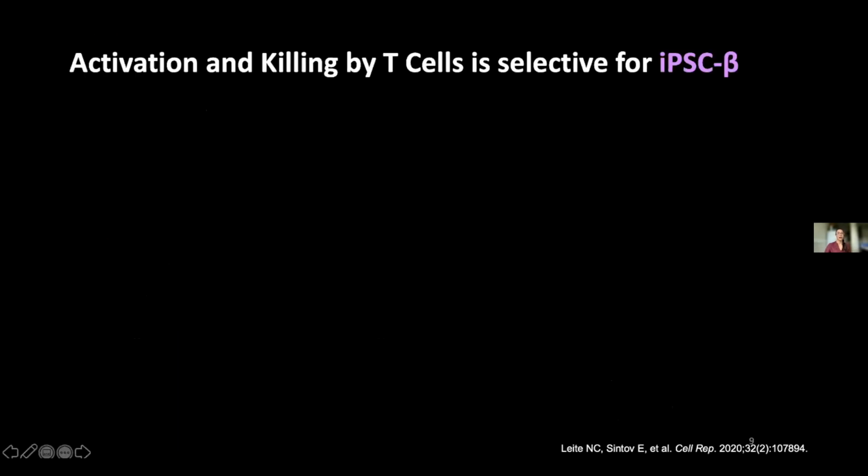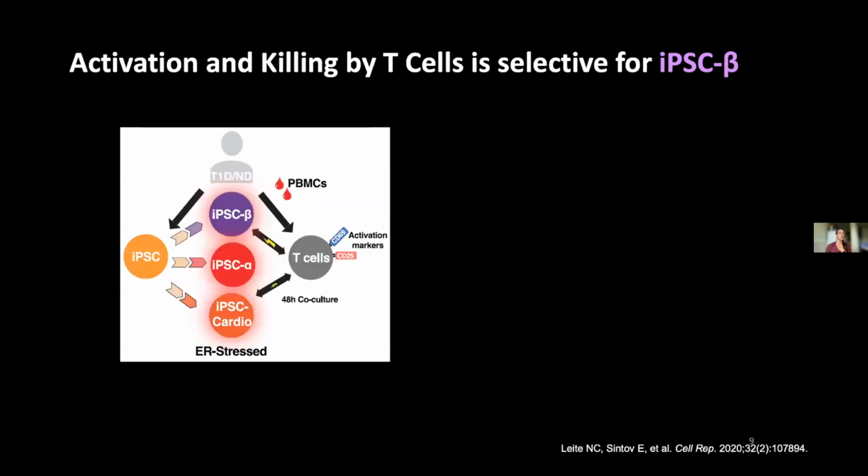Then, as you may know, the beta cells are not the only cells in the pancreatic islets, but they are the only ones that are destroyed. So we were wondering if this could also be recapitulated in vitro. To do that, we not only generated iPS-derived beta cells, but also generated from the same donor iPS-derived alpha cells and iPS-derived cardiomyocytes.